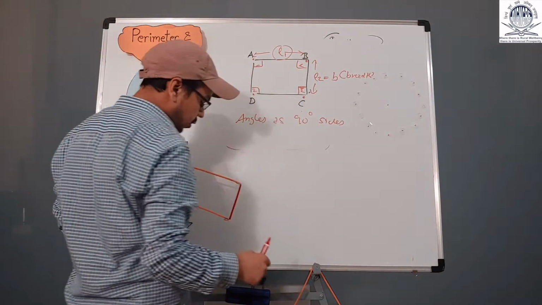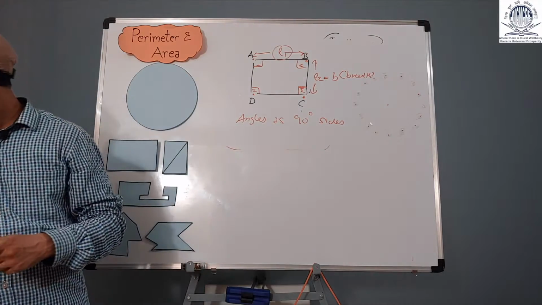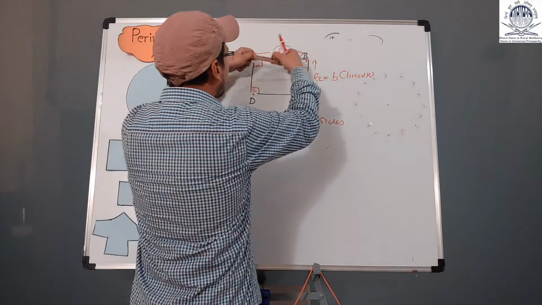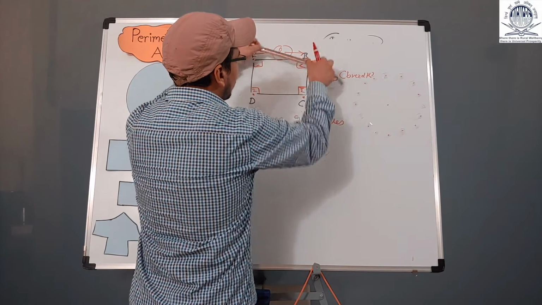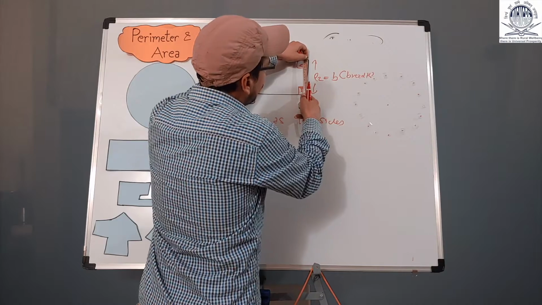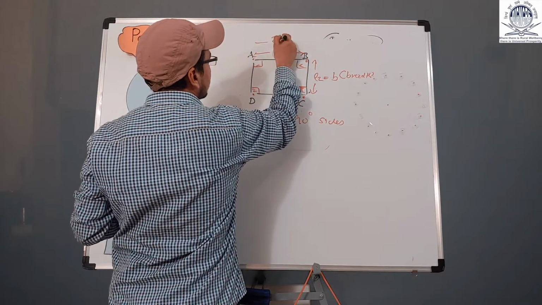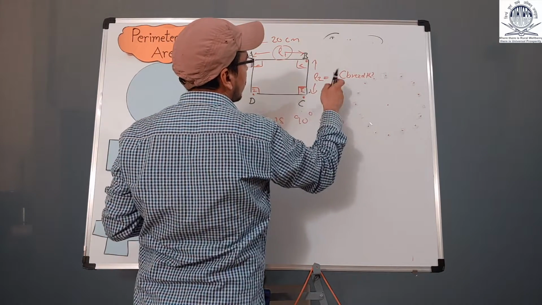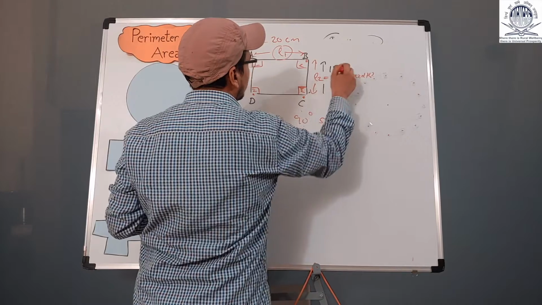For example, if I measure one of the lengths over here, it's the bigger length, which comes to 20 centimeters, and this breadth is, let's say, 11, 12, 13, 14, so 14 centimeters.